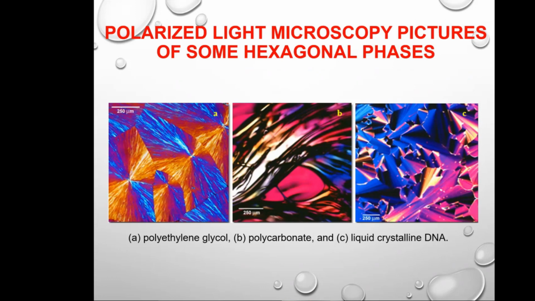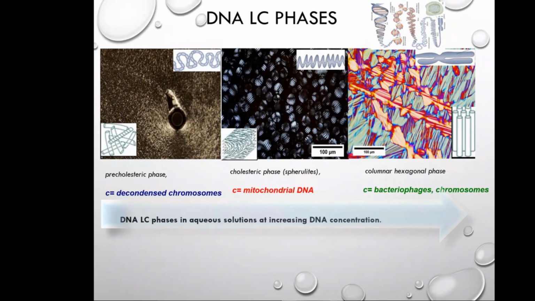In our laboratory, we study quite a lot the liquid crystalline organization of DNA, mostly in the columnar hexagonal phase. However, DNA actually has the ability also to self-organize into the cholesteric phase, which was also mentioned by Professor Simoni. However, here we have the lyotropic crystal.